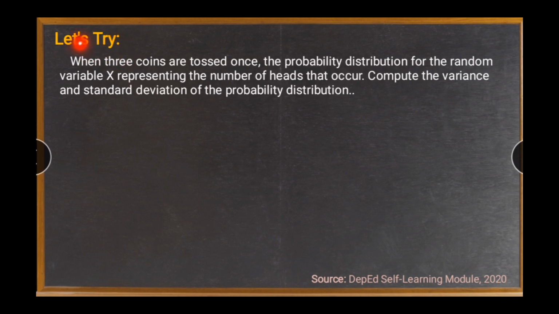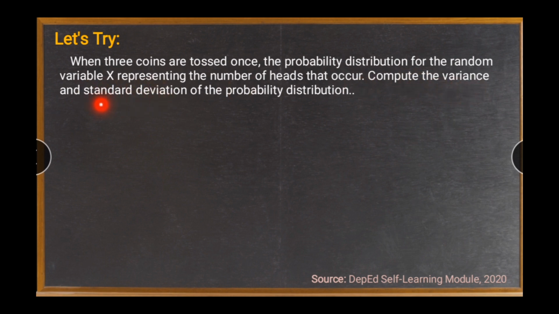So we will try this so that you can have your practice and for your mastery. When three coins are tossed once, the probability distribution for the random variable x representing the number of heads that occur.